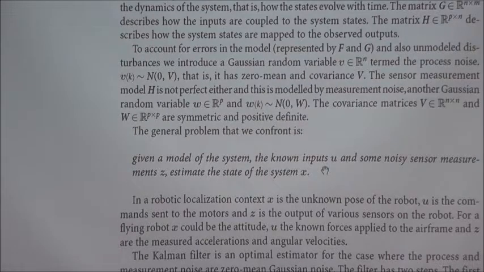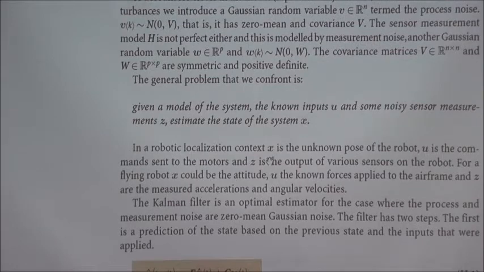Okay. So, in the robot localization context, X is the unknown pose of the robot. Again, the pose of the robot is what? The XY location of the center of gravity of the robot and the orientation. That's the pose.